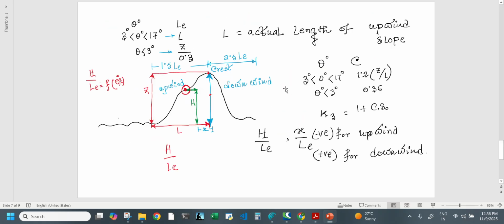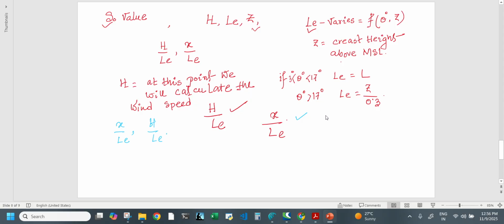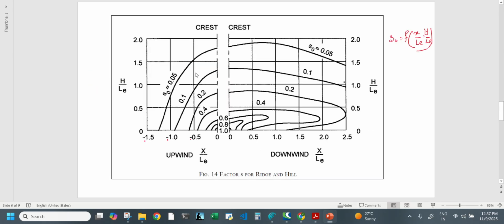Now come to the graph, and another thing: for upwind slope, we take the negative value. For downwind slope, we take the positive value. So now come to the graph.